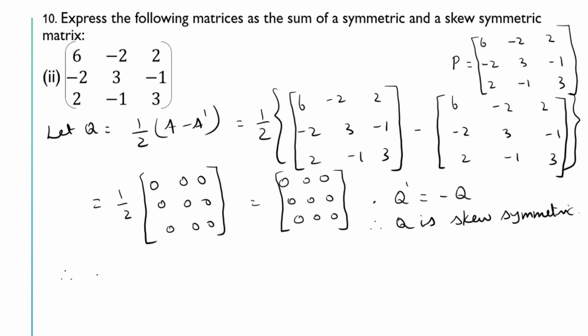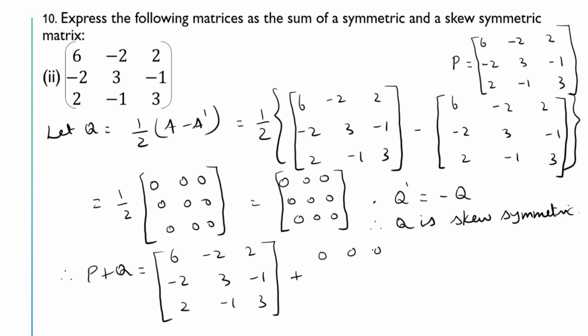Therefore, P plus Q is equal to, we got P as 6 minus 2, 2, minus 2, 3, minus 1, 2, minus 1, 3, plus Q is 0, 0, 0, 0, 0, 0. When we add these two, we will get the given matrix, the matrix A. So the sum of these two matrices is equal to the given matrix A.